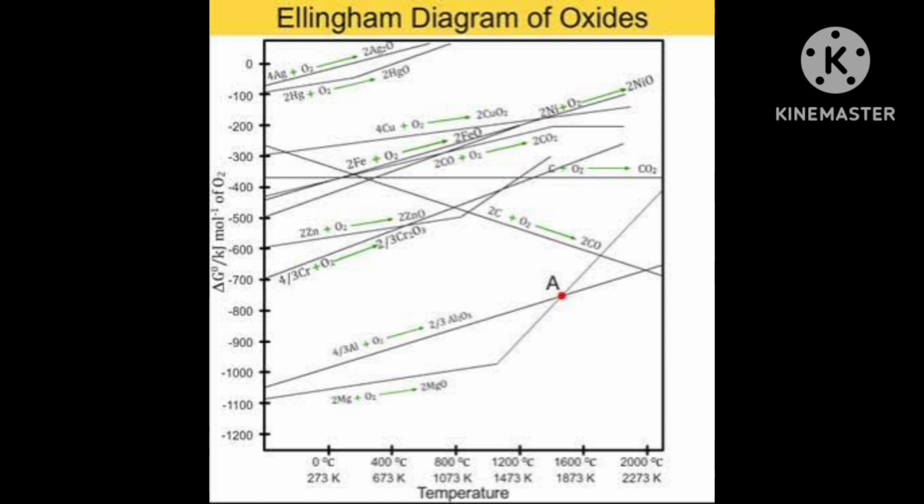How much disorder happened is called the change in entropy, delta S.